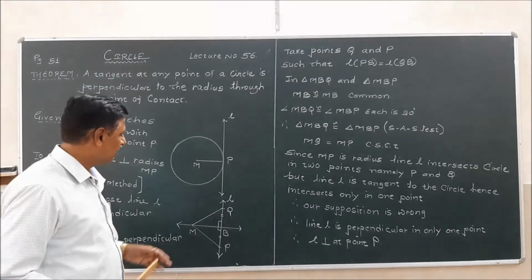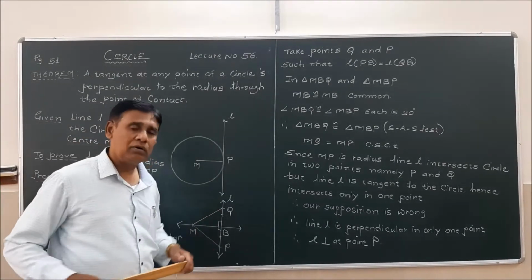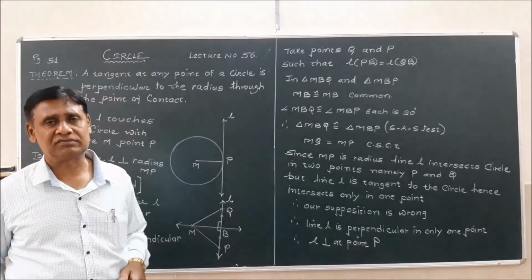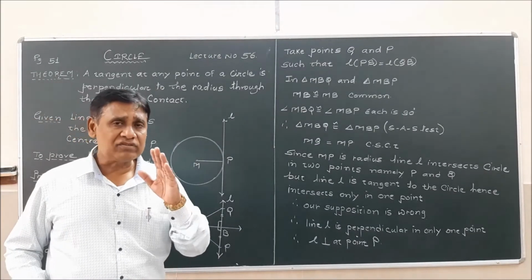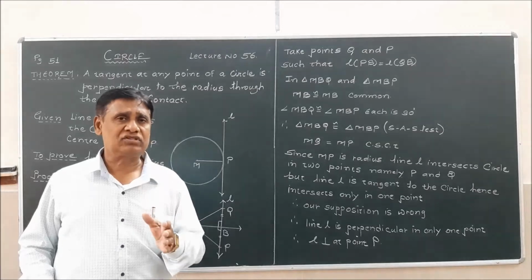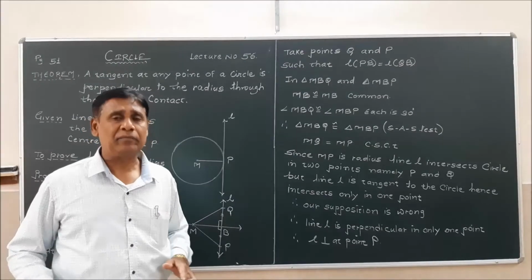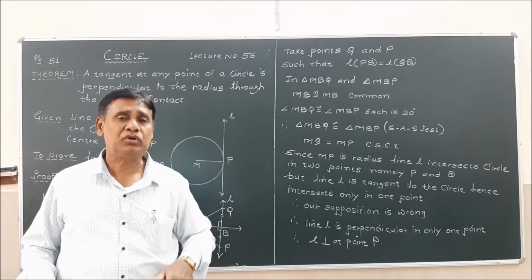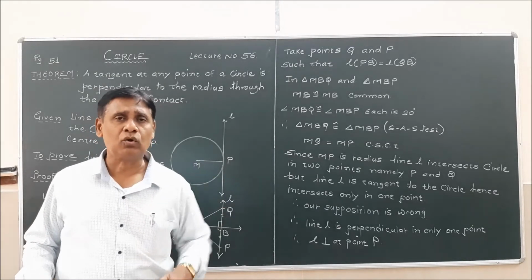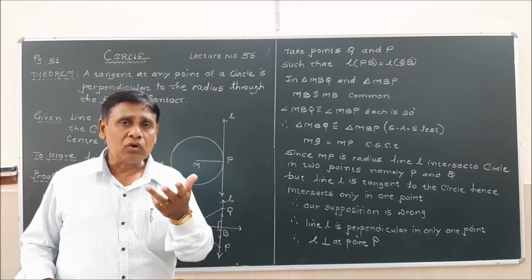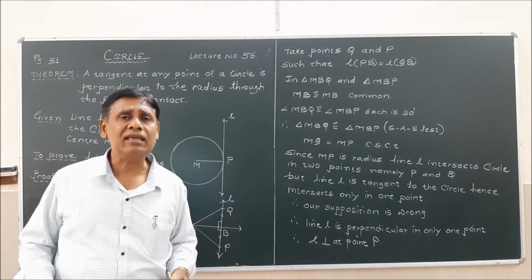But if we got NQ equal to NP, that means we have drawn two segments from point N, namely NP and NQ. That means P and Q are not different, but one and the same.